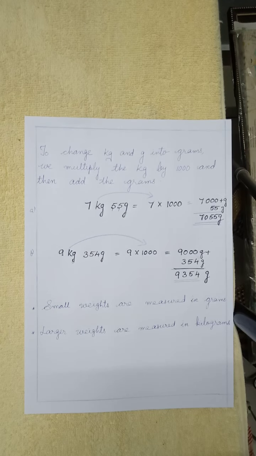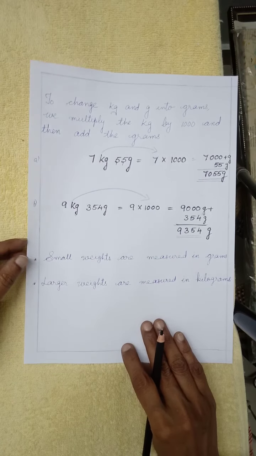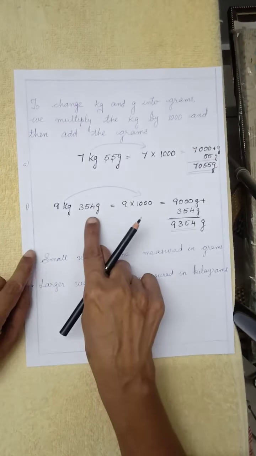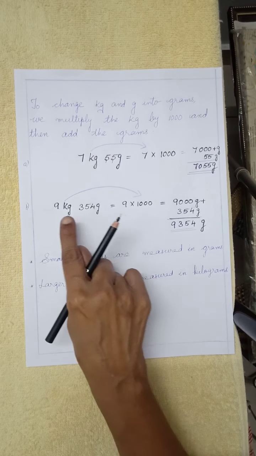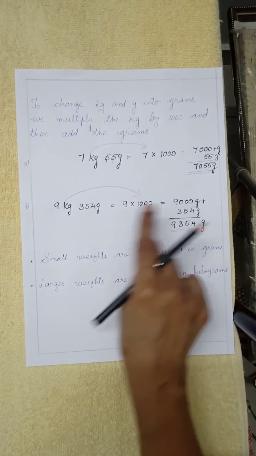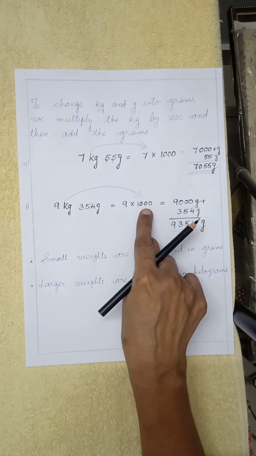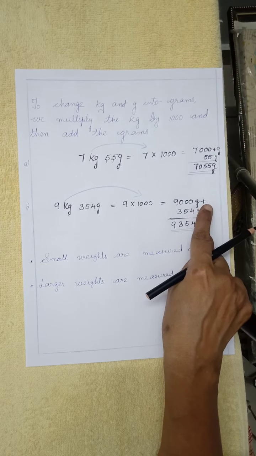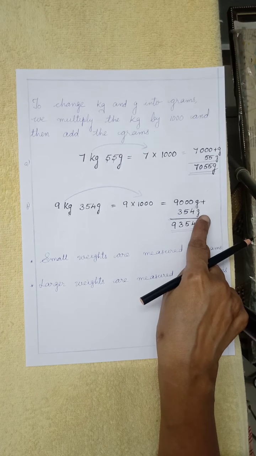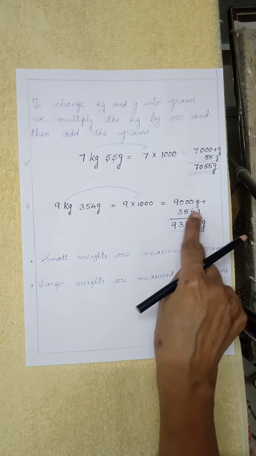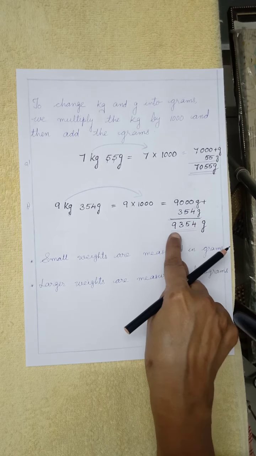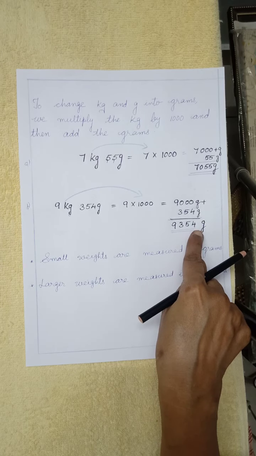Clear? The next example is 9 kg 354 grams. First convert 9 kg into grams. So 9 kg equals 9 into 1000, 9000 grams, plus 354 grams. So 9000 plus 354 equals 9354.